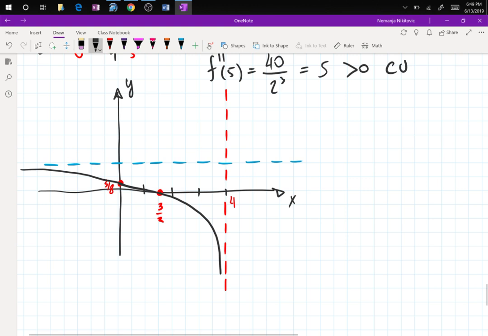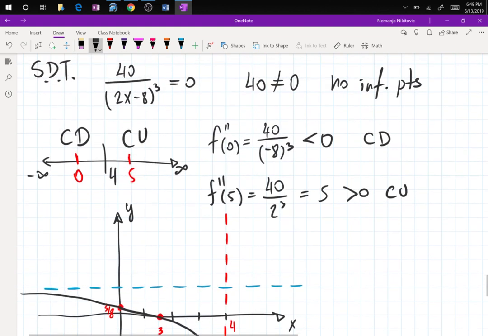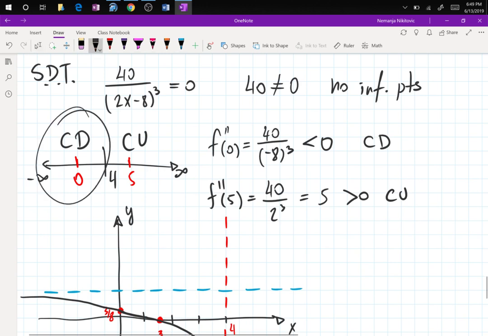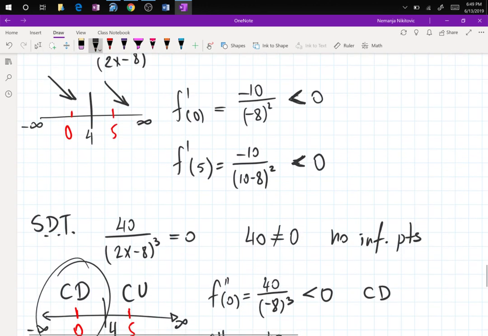So you follow the blue asymptote to infinity, and then you go through the y-intercept, you go through the x-intercept, and then you have to follow the other asymptote. Now, if you take a look, you have to have a decrease and you have to have concave down. It is concave down, and you have a decrease.